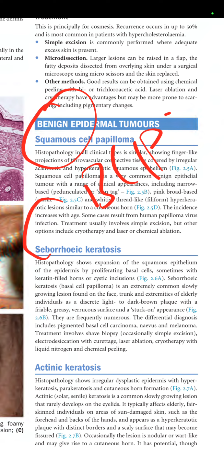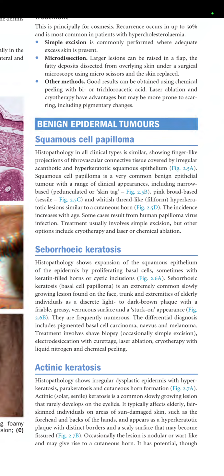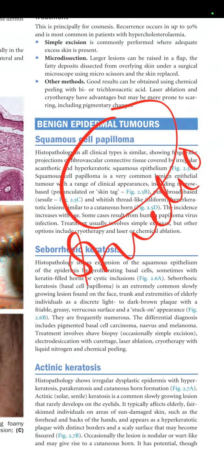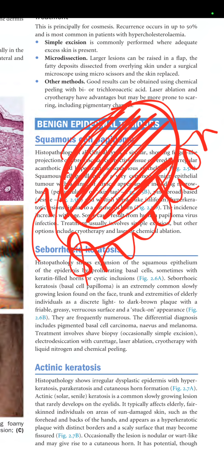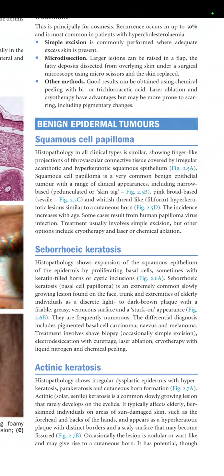Seborrheic keratosis, basal cell papilloma, is an extremely common, slowly growing lesion found on the face, trunk, and extremities of the elderly individual as a discrete light to dark brown plaque with a friable, greasy, verrucous surface and a stuck-on appearance. Whenever there is a basal cell papilloma, you will have a stuck-on appearance, which is pathognomonic of this. You will see the brownish, greasy lesion with a broad base, and it is present in a fair-skinned individual.